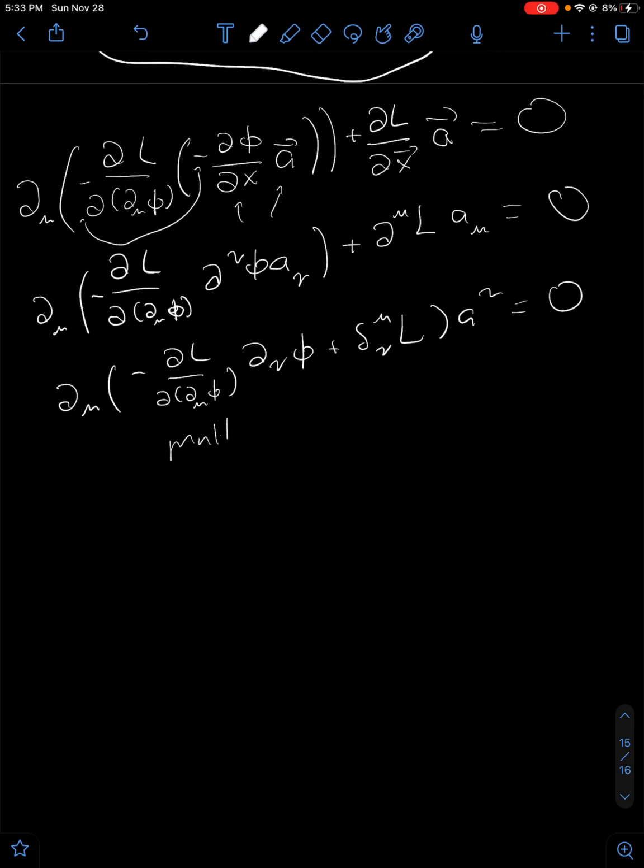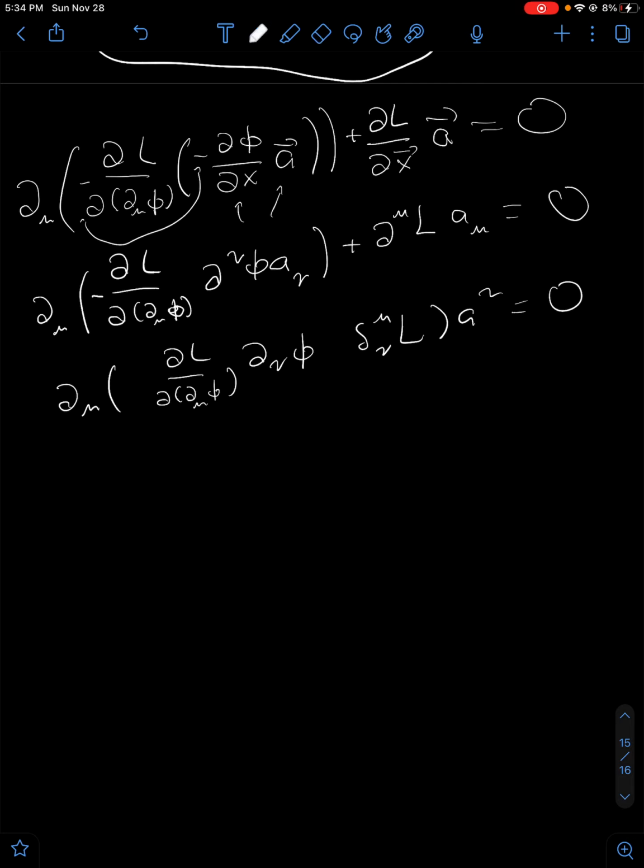So what we can do now is multiply both sides by -1. Now we don't really have to do that, but most textbooks just do that, so we'll do it too for the one guy that's following this from Peskin and Schroeder.